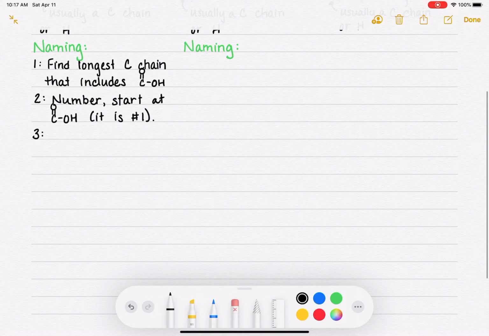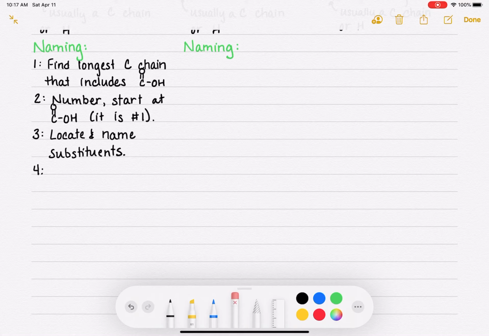After we get our carbon chain numbered, then we will locate and name our substituents just like usual. And once we have our substituents located and named, we'll put the name of the molecule together. So this will be listing the substituents first in alphabetical order.